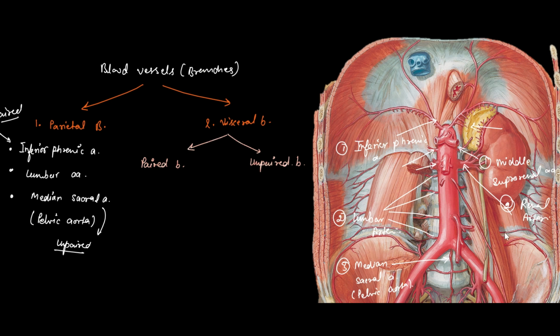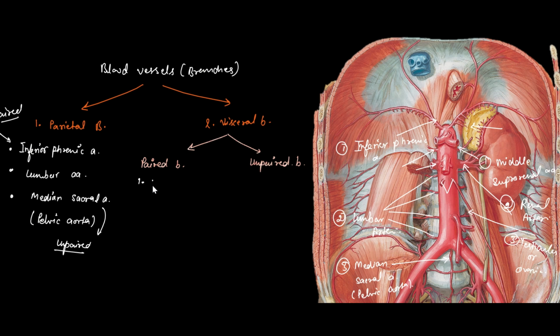So renal arteries, the second one, and the third one you can see here these two, okay. These are the testicular arteries or ovarian arteries. In case of men they are named as the testicular arteries, and in women the ovarian arteries. So these three are the paired visceral branches which are originating from the abdominal aorta.